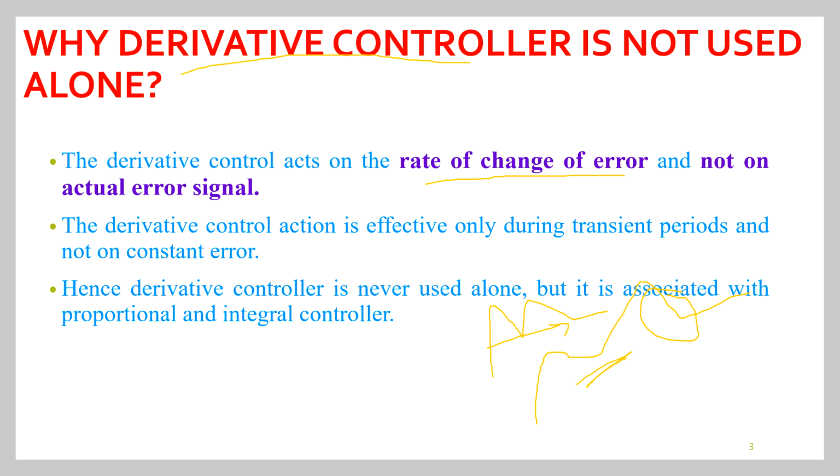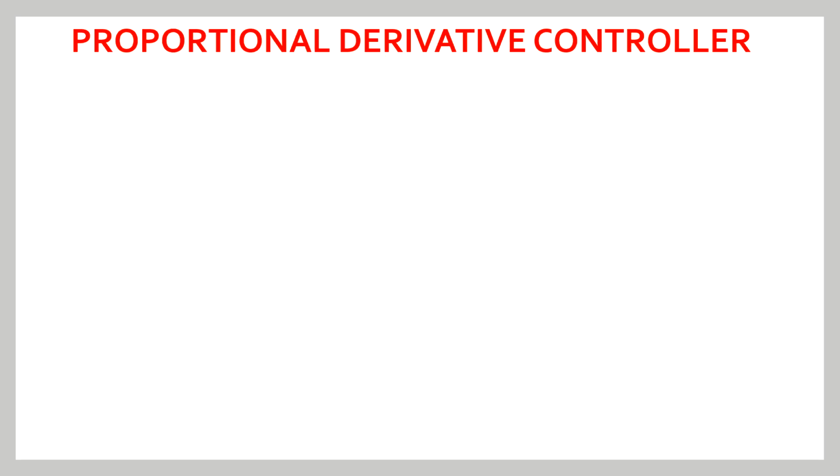That is the biggest drawback of the derivative controller. Hence it acts only in transient periods and not on constant error, that is, it will not address steady state error. That's why the derivative controller will not be used separately. It will be used only along with the integral and proportional controllers.